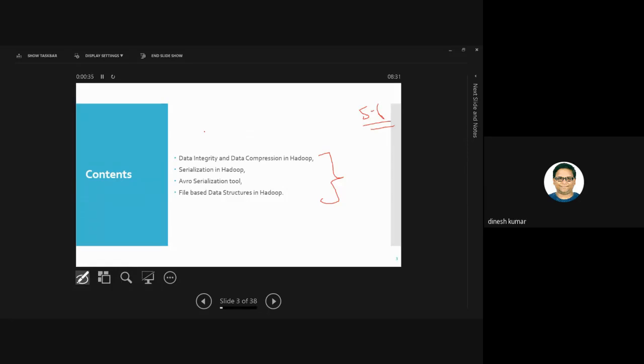It is quite general. You have heard about these things in the past in different contexts, and the same thing you will also be looking at here in the context of Hadoop.